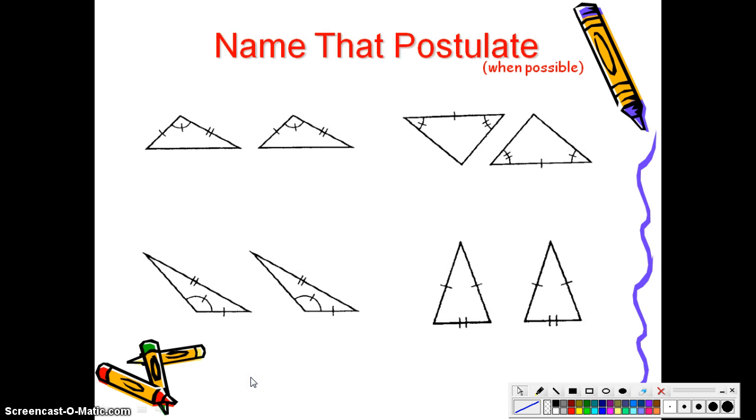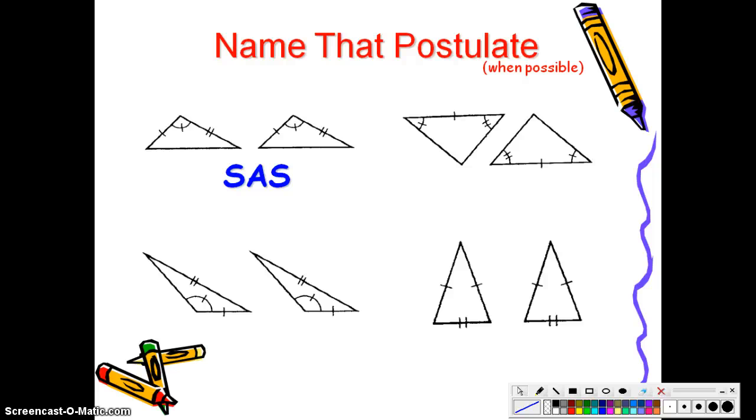Alright, so now we're going to name that postulate. When I'm looking at my triangles here, I see I have a side marked, an angle marked, and a side marked. And I have side, angle, side marked in my second triangle. So that tells me that they are congruent, and that they are congruent by, you guessed it, side, angle, side.